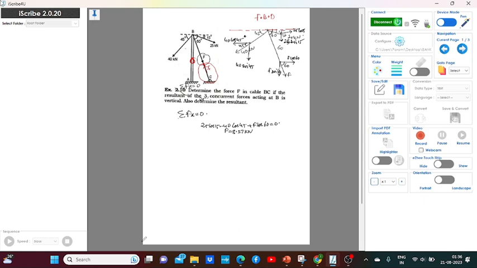Now they are asking for the resultant. My resultant will be the summation of all the vertical forces.